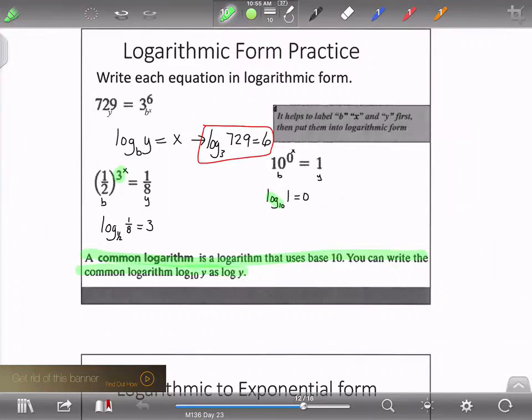That's the log that your calculator computes. So when we type things in our calculator, we're going to use a log base 10. You'll see that written as just log. It's understood to have a base of 10 if there's no number written down there. So this one technically could be written as log 1 equals 0 without that little 10 in there. We're going to talk about that a little bit more in a few minutes.